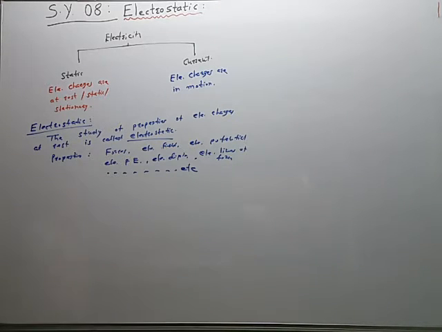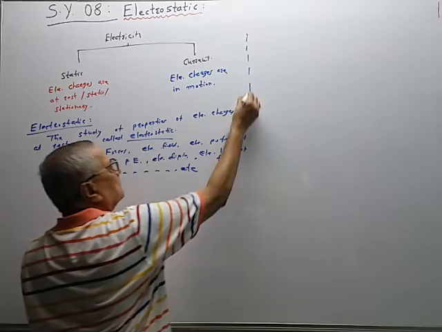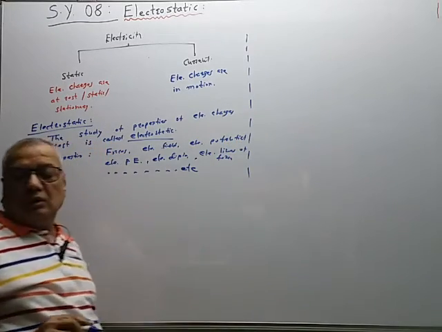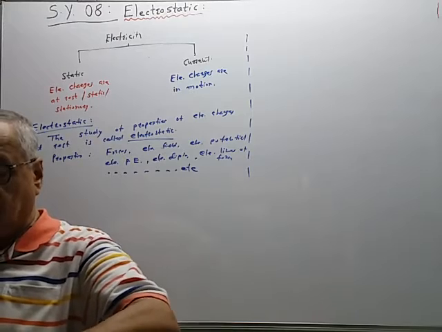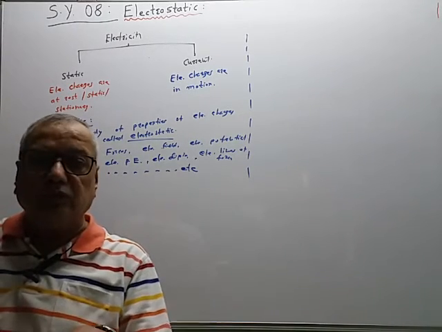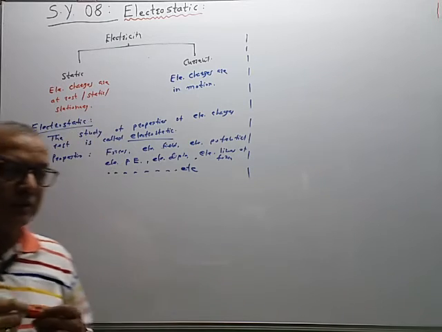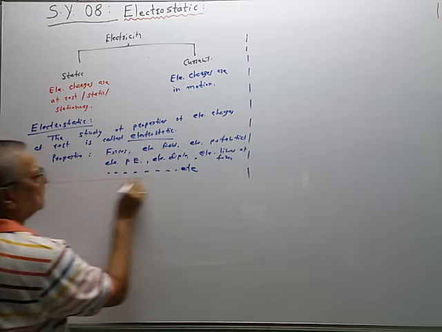Now, after getting an idea of electrostatic, the first article is about Gauss's law. So Gauss's law is stated in electrostatic as well as in magnetic field.